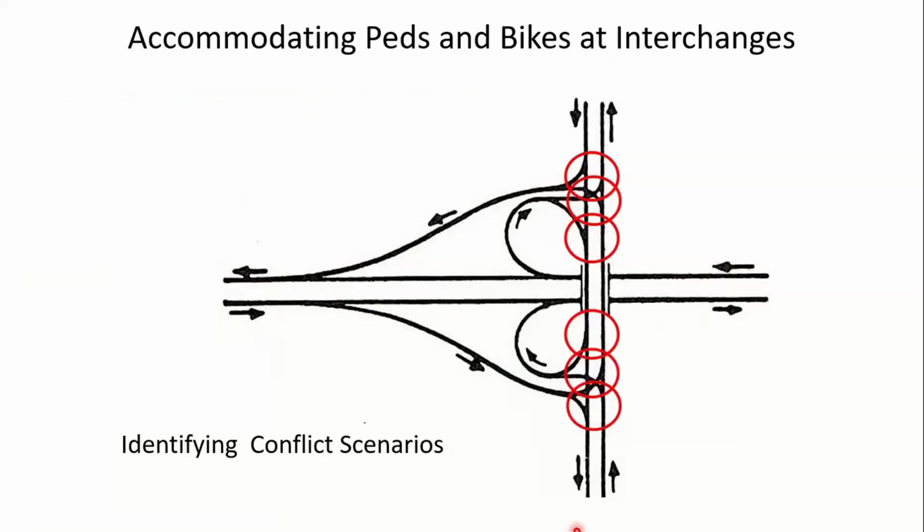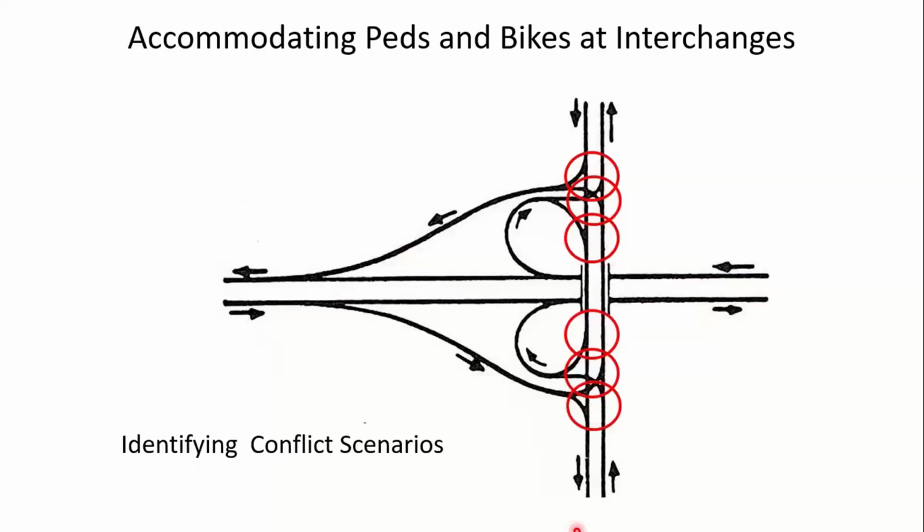Another situation that some agencies may face, not everybody, of course, is accommodating pedestrians and bicycles at interchanges. You see running kind of east to west, left to right across the image here, a limited access roadway, a freeway or interstate type highway. And then the north-south roadway is kind of the local road or street.